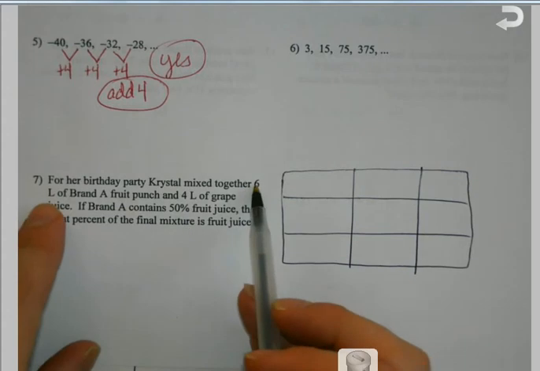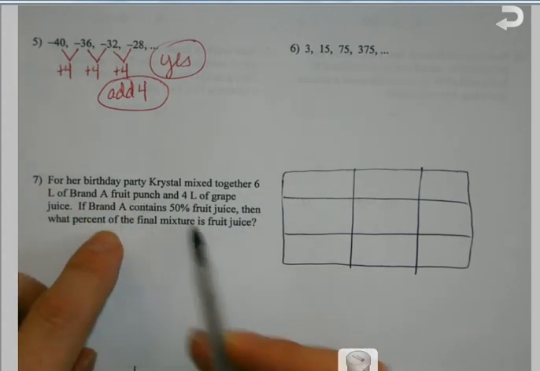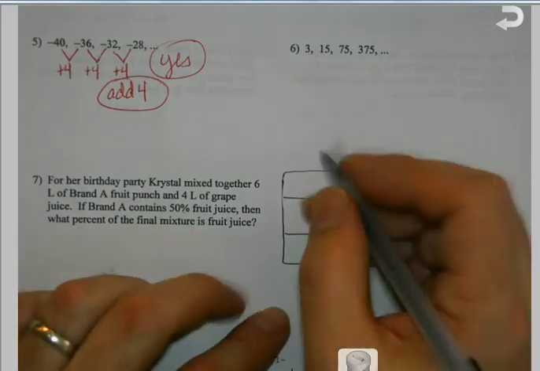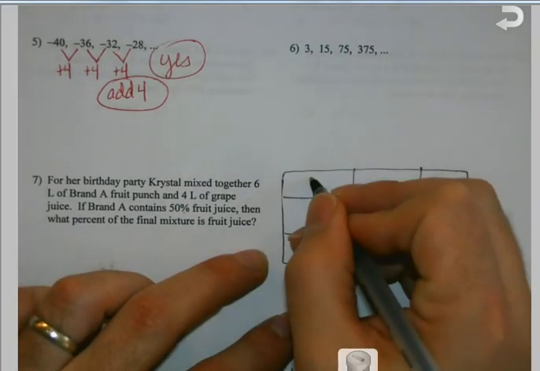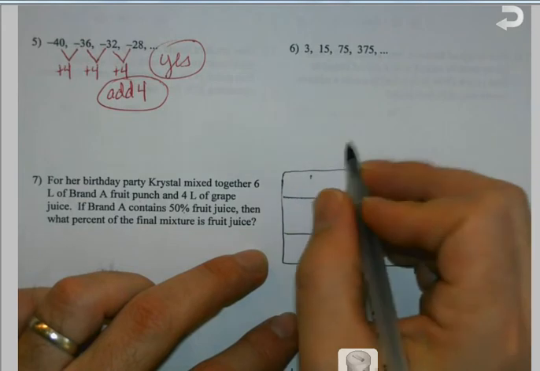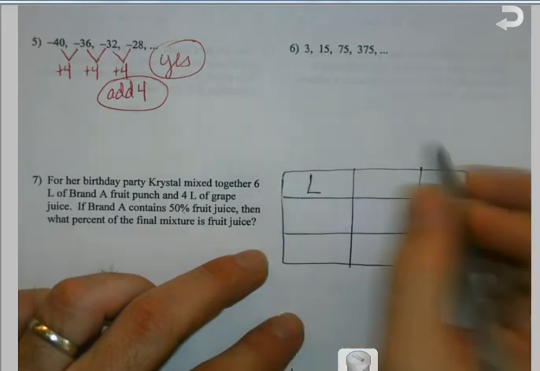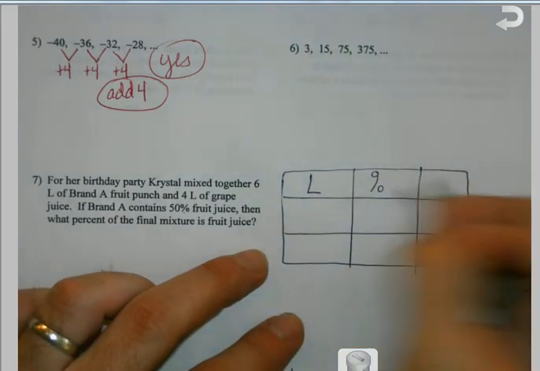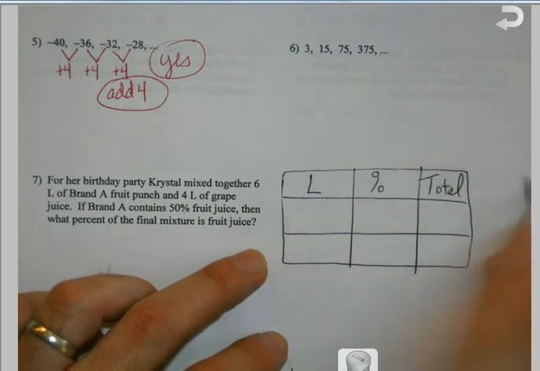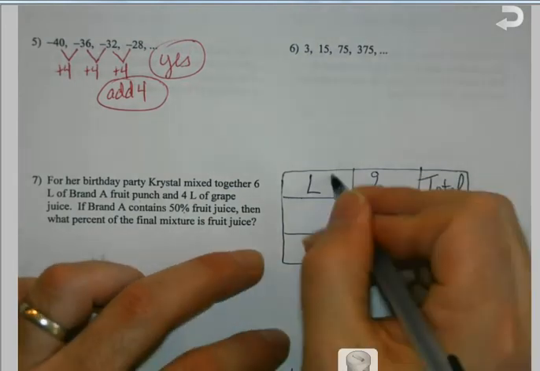Well, we've got liters of fruit punch, and we have percentages that we're working with. Okay, so I'm trying to remember which order we did it in, even though it's not going to matter. So let's do liters and percent, even though I think I'm doing that backwards now that I think about it. Am I? Okay, let's do that then.